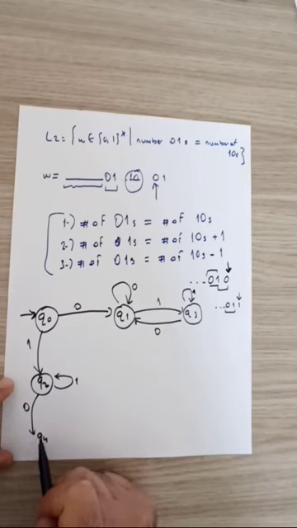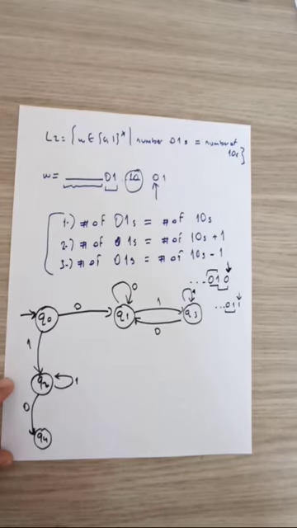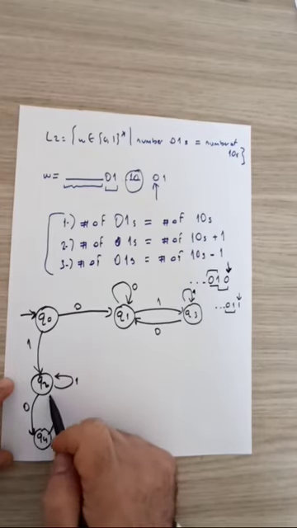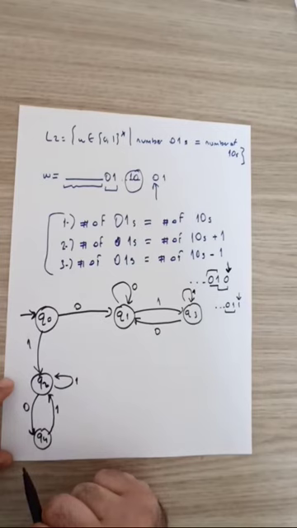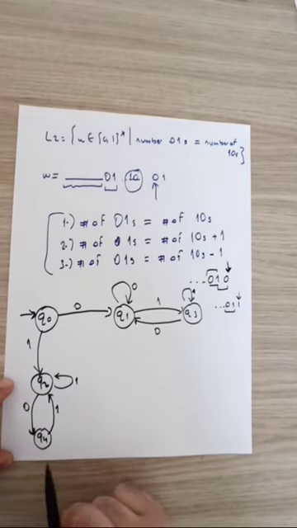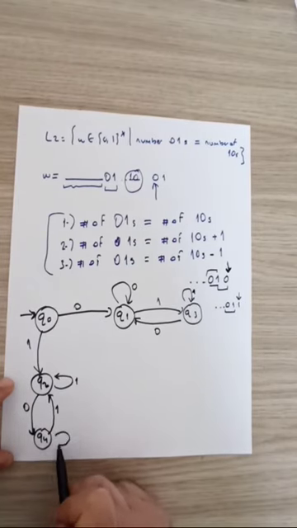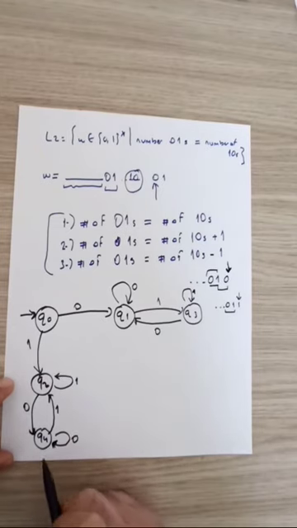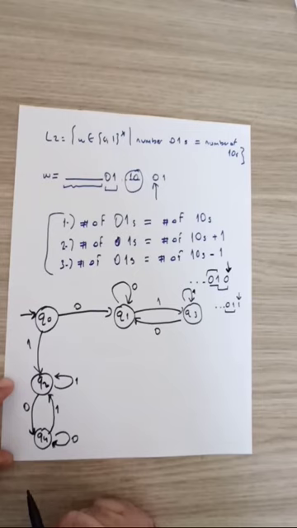Let's call this Q4. What should we do at Q4 if we encounter a 1? If we encounter a 1, then the number of 0s and 1s become equal, and the string ends with 1. If we encounter yet another 0, then the number of 0s is one more than the number of 1s, and the string ends with a 0.